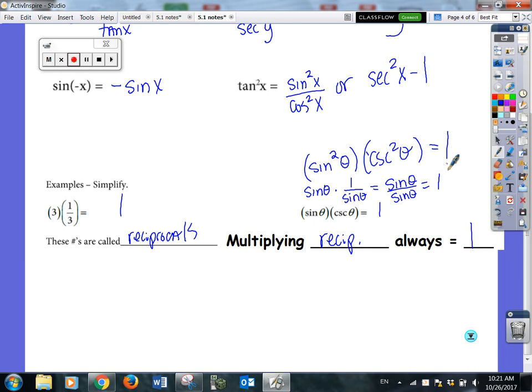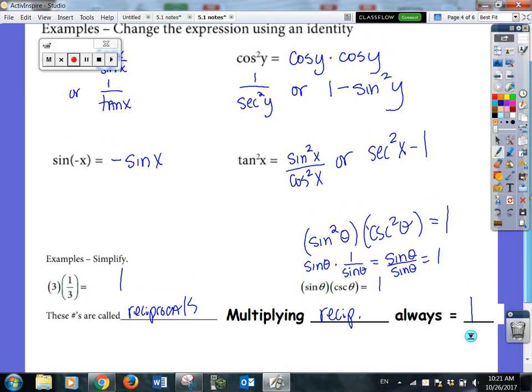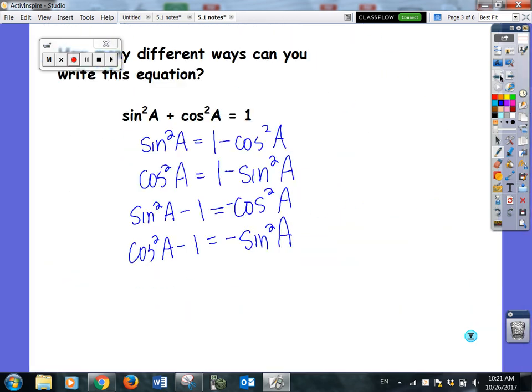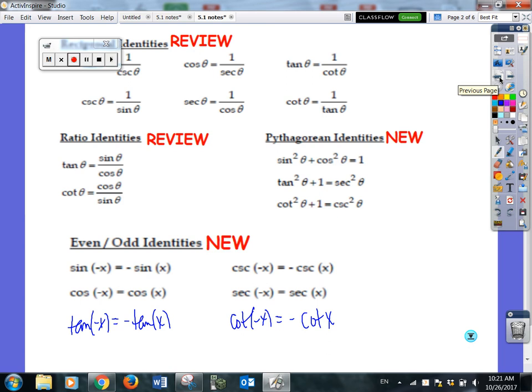So notice, we can do that to the reciprocal and ratio identities. We can square those and it will be the same. I can change this to tangent squared, sine squared, cosine squared. I could change this to cotangent cubed, cubed, and cubed.